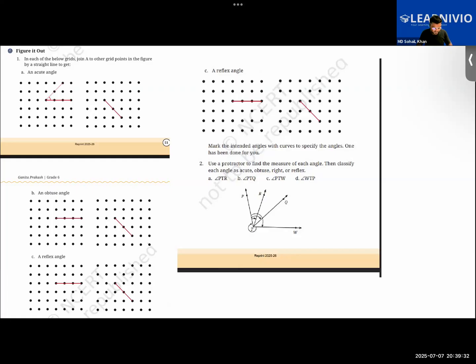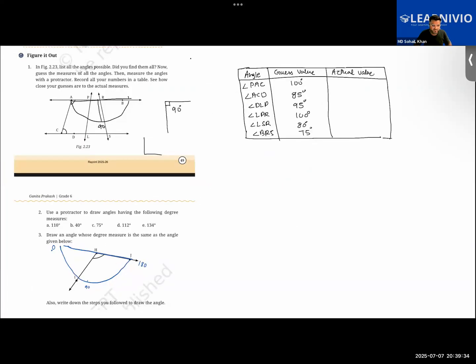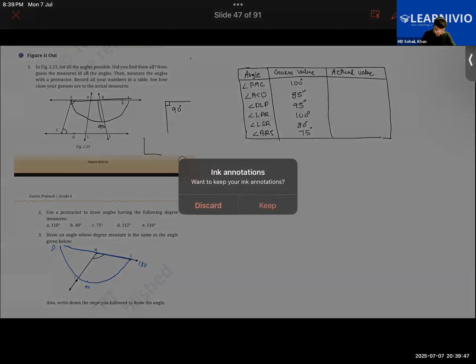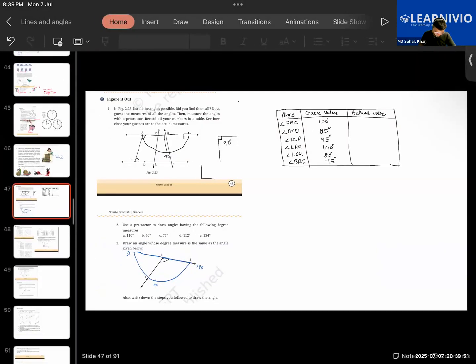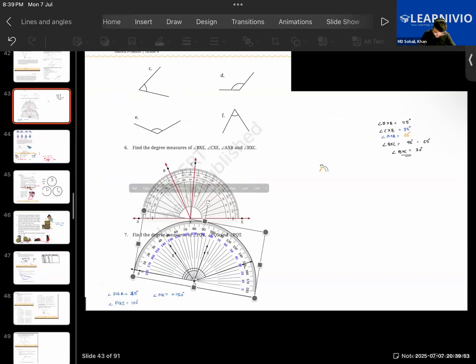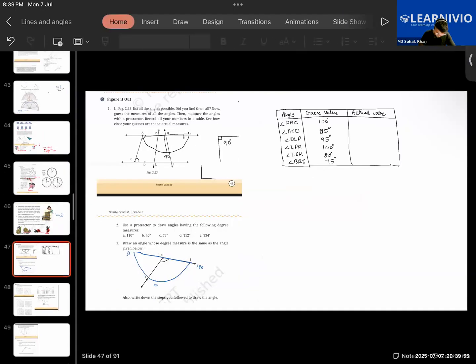So in this question, what we have to do first is take the measurement of the angle. Nafis and Habib, as you have your books with you, take out the measurement using a protractor. Find out what the value of this angle is. 115 degrees. Okay. What about others? I'm getting 100.